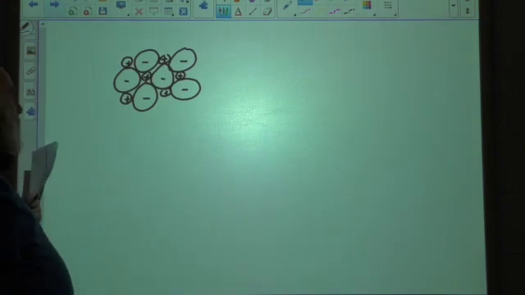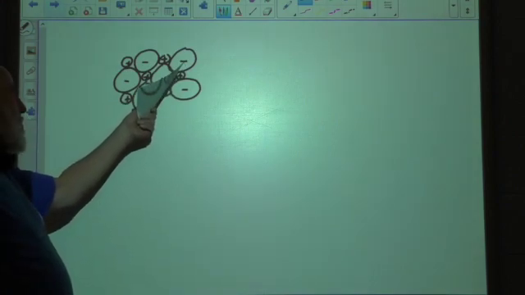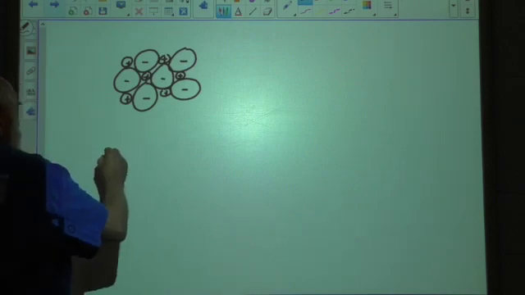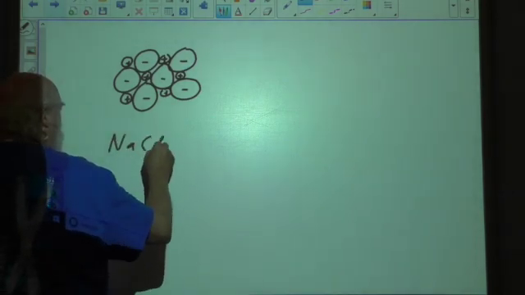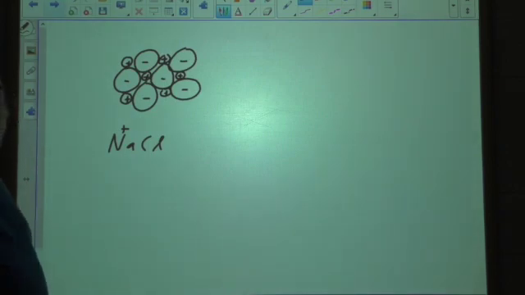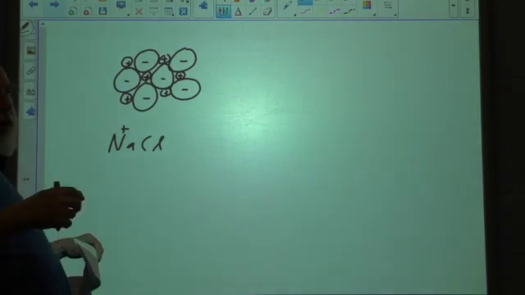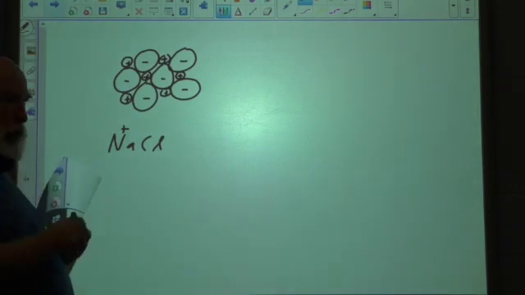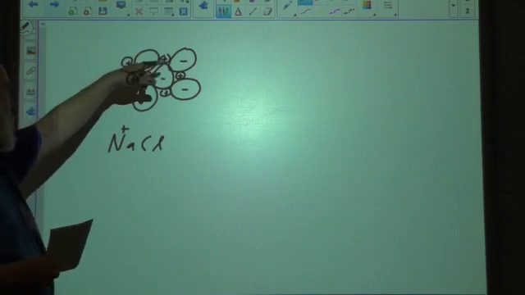Okay, now, let's focus on this negative ion. Now, if this is sodium chloride, you know that sodium is the positive ion. And remember, sodium has one electron in its outermost level, but when it becomes an ion, it loses that outermost level, so it shrinks dramatically. And that's why they're so small.